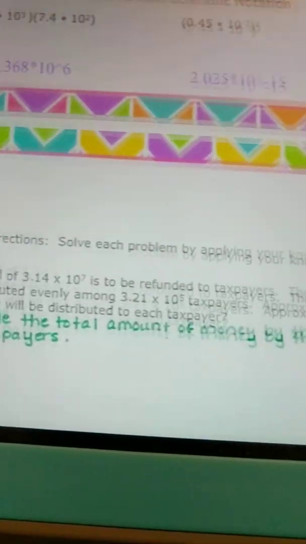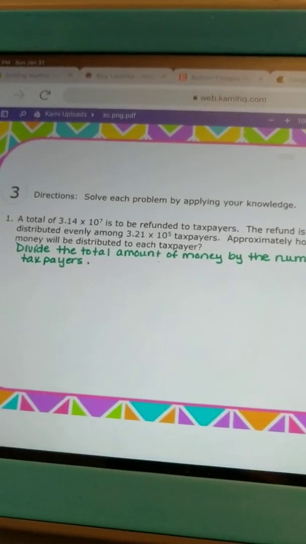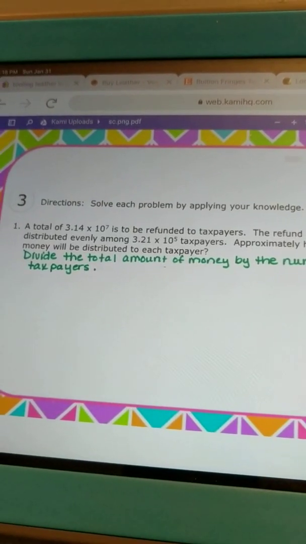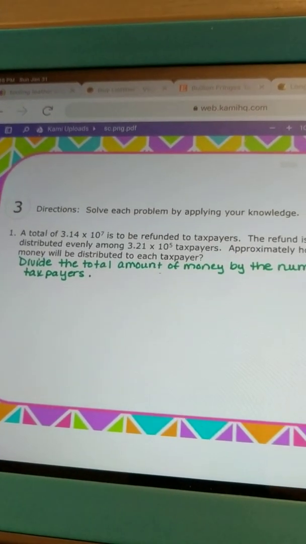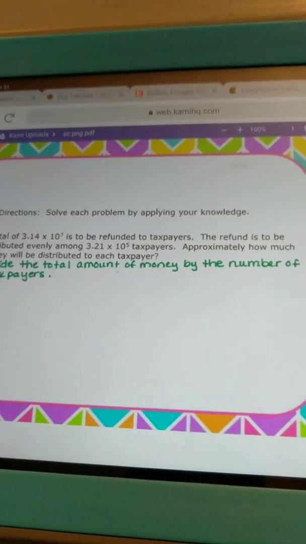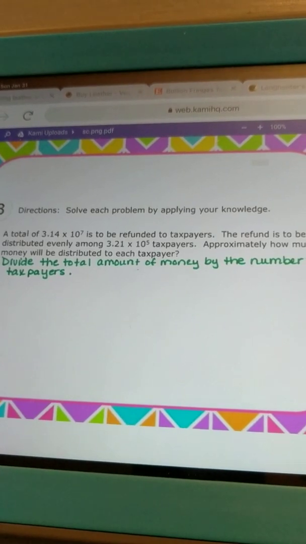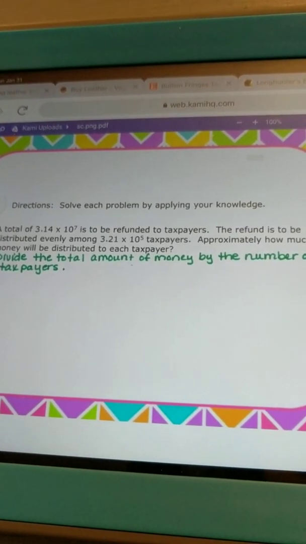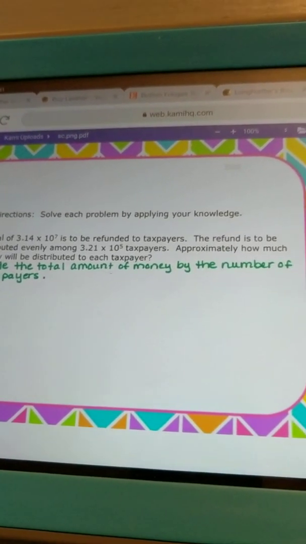Okay. Now we're going to look at this word problem. It says a total of 3.1400 times 10 to the 7th is to be refunded to taxpayers. The refund is to be distributed evenly among 3.2100 times 10 to the 5th power taxpayers.